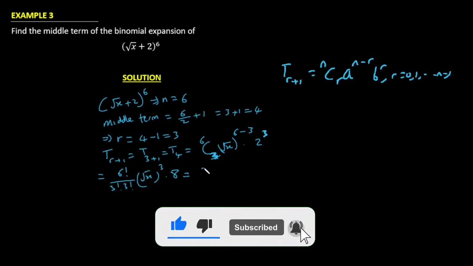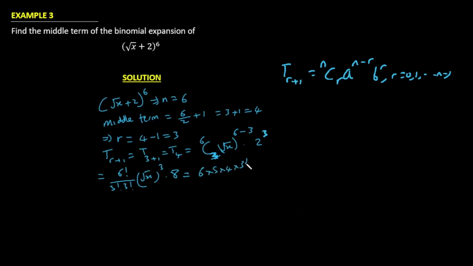So we have 6 times 5 times 4 times 3 factorial over 3 factorial times 3 factorial. Root x to the power of 3 will give us x to the power of 3 over 2, times 8.